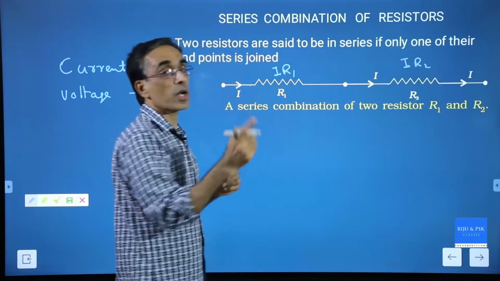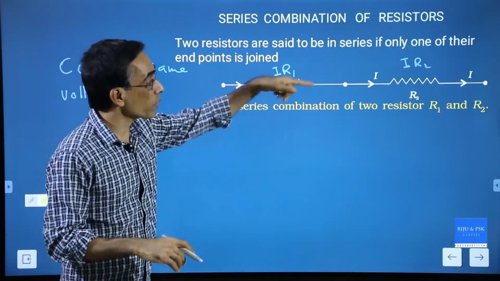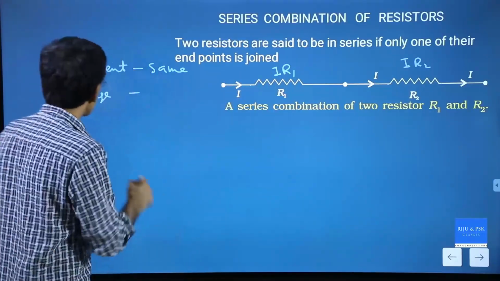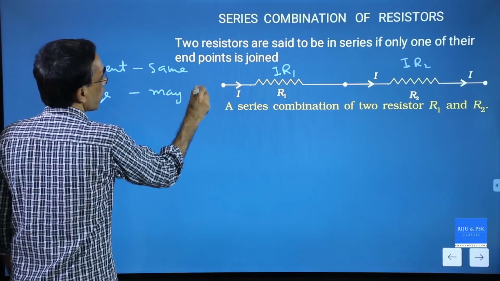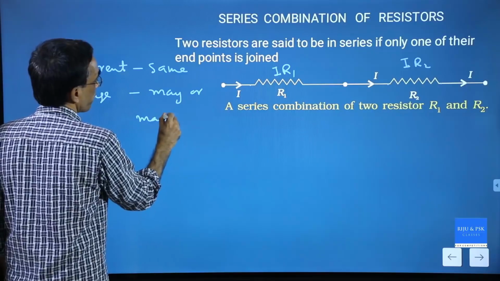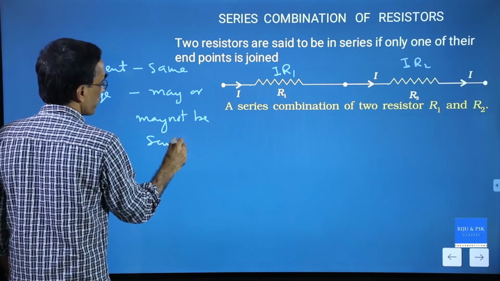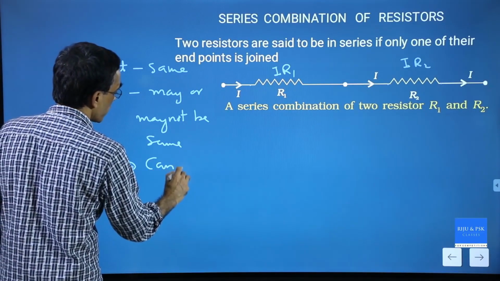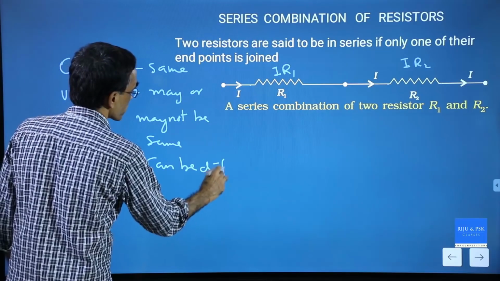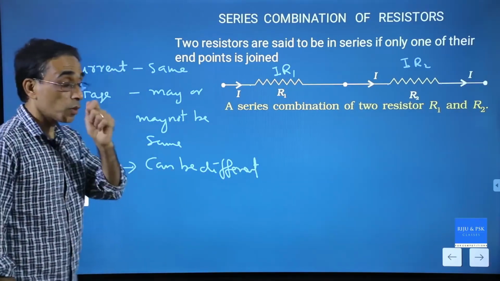So if R1 and R2 are different, then the potential differences are different. If R1 and R2 are equal, then potential difference is same. So the voltage or potential difference may or may not be same. It can be different.